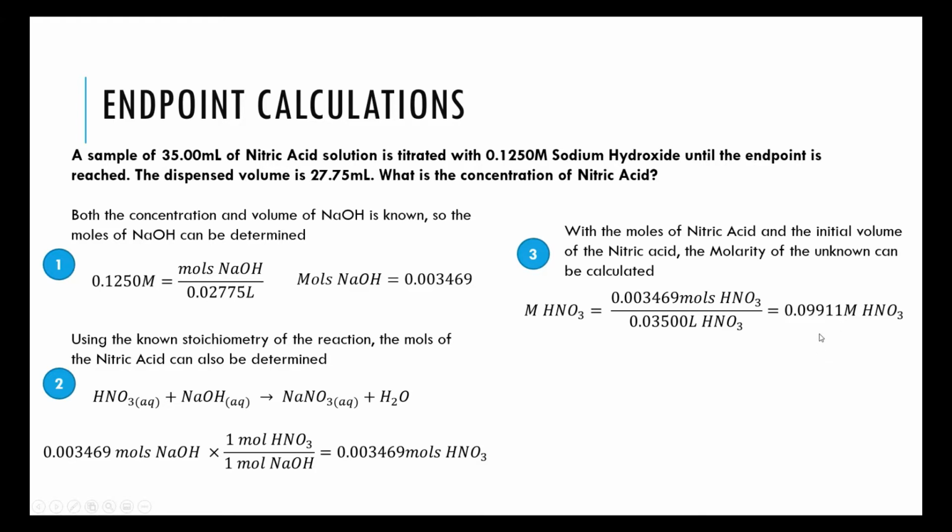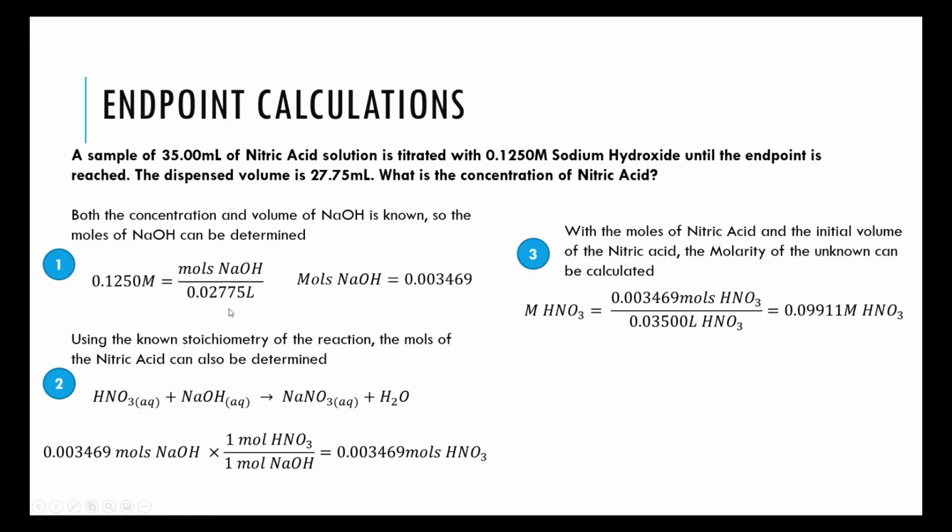Titrations are used in this general setup for a lot of different unknown calculations. Again, you'd have the volume and concentration of two different components, what's in the flask and what's in the burette. You would need to identify which one of these components gives you both of these measurements, the concentration and the volume.